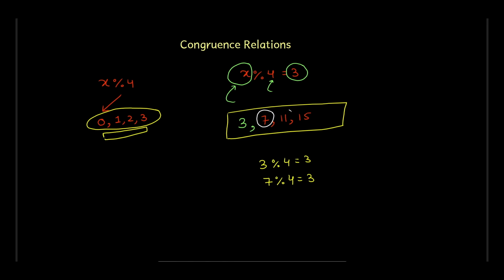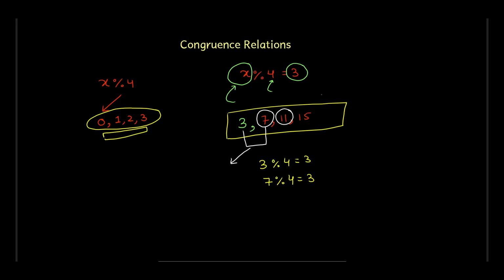For all practical purposes, you can say that 3 and 7 have basically no difference between them. They are essentially identical. Why? Because they produce the same remainder when divided by 4. This means you can say that 3 is equal to 7.